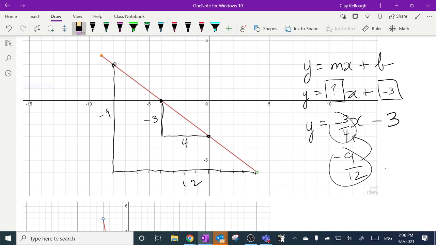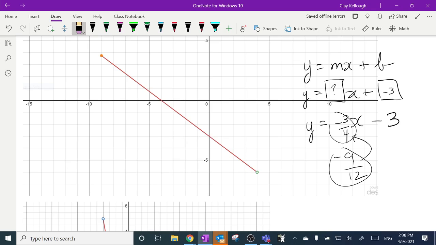Let me erase all these extra lines I put on here, and let's review some other things we did this unit. Notice that this one doesn't have arrows at the end. It stops and it ends and it starts again and it ends. And what's its domain? Okay, so quickly write down your domain.